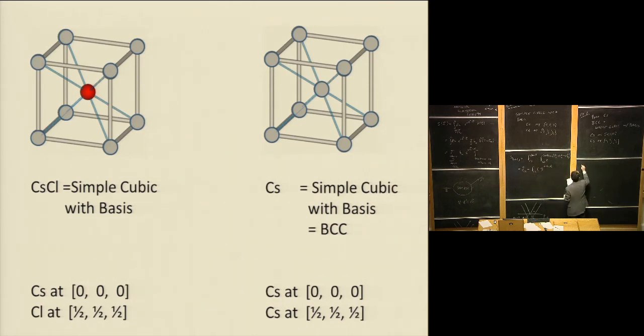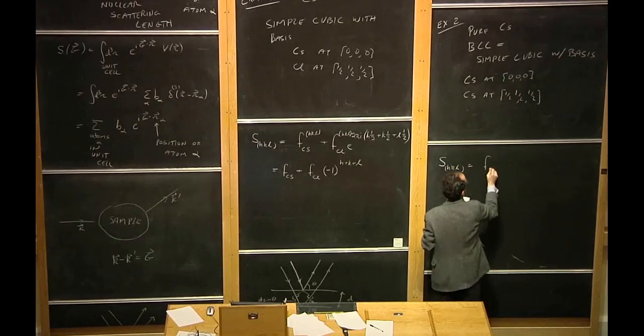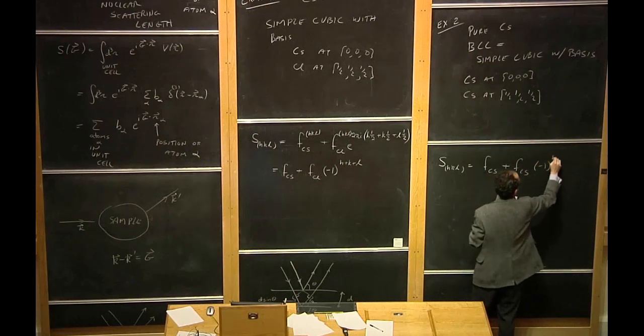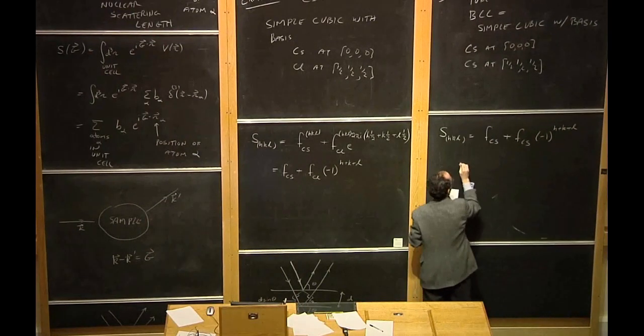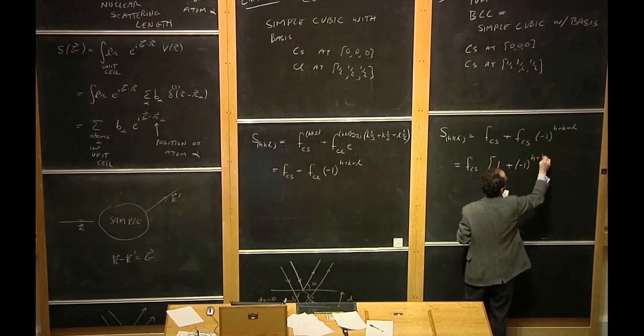So now we'll get S hkl equals f cesium plus f cesium times minus 1 to the h plus k plus l. And if we want to, we can factor out the f cesium and write f cesium times 1 plus minus 1 to the h plus k plus l.